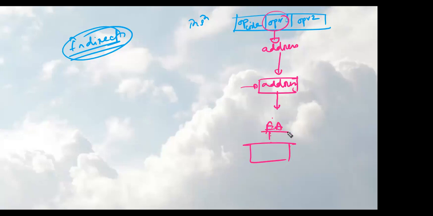So this address is indicating one location that contains another address. And this address could be indicating another address. And lastly, it is your effective address, which of course indicates your actual operand.